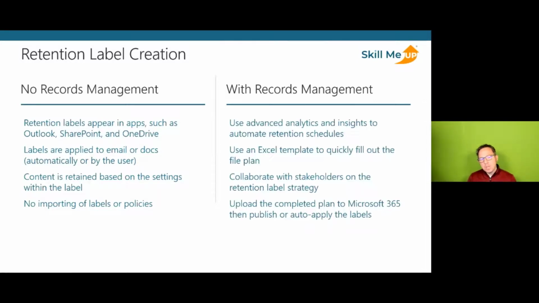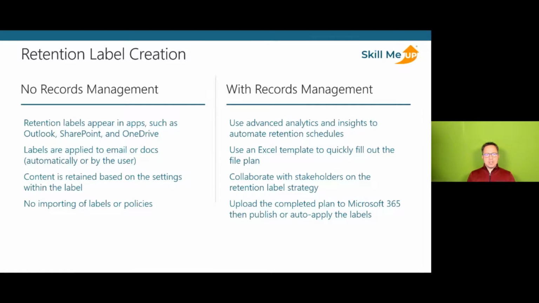Now, if you determine that you want to use records management, then you get that, and you also get advanced analytics and insights to be able to automate retention schedules. So it means that we're going to keep track of content that's been associated, what it looked like, and how long it lasted for. We can also then use that Excel template like we talked about previously to import and build a file plan.